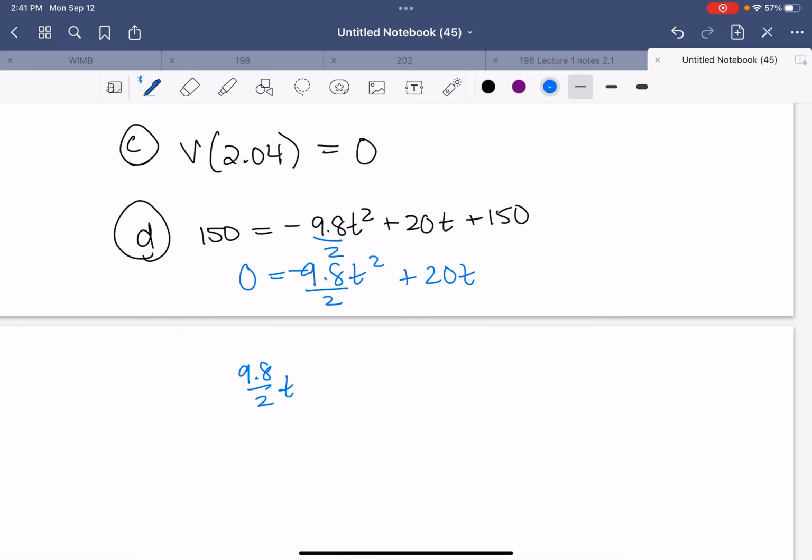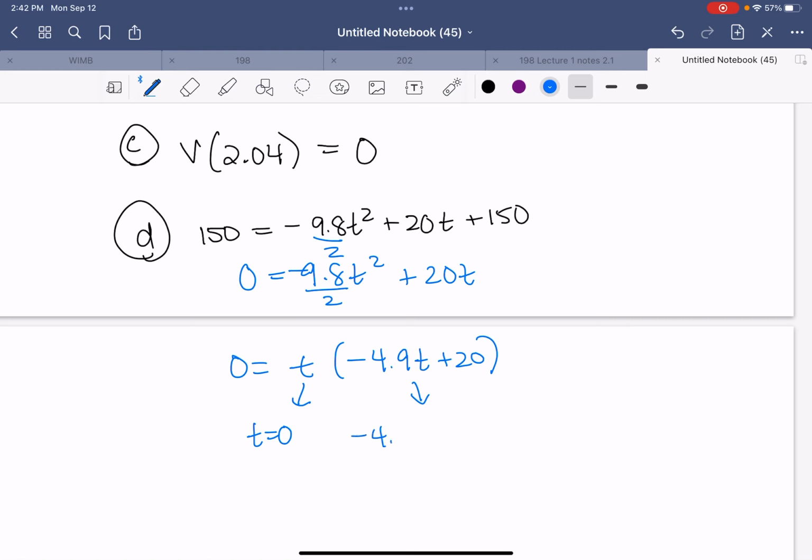Sorry, hold on. What I want to do is factor out a t. And 9.8 over 2 is 4.9. So that's negative 4.9t plus 20. This will give me t equals 0. Rightly so, because that was the initial height. And then this one will give me the answer to what they're asking.